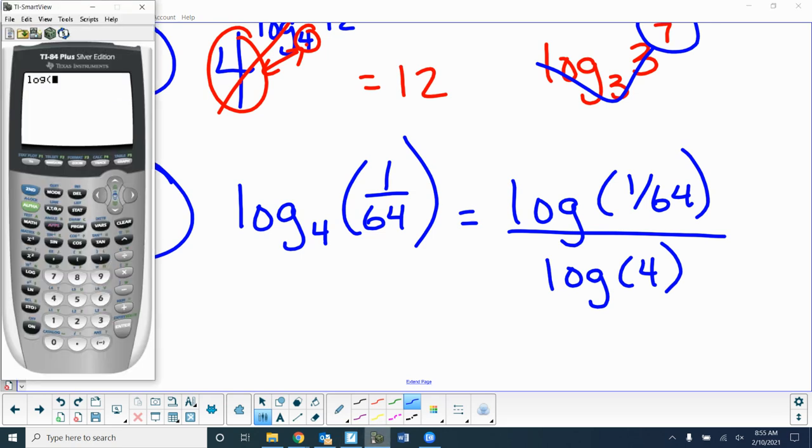So log, there's a parenthesis, so just put 1 divided by 64 to close it. Divided by log of 4, close it. You get -3.